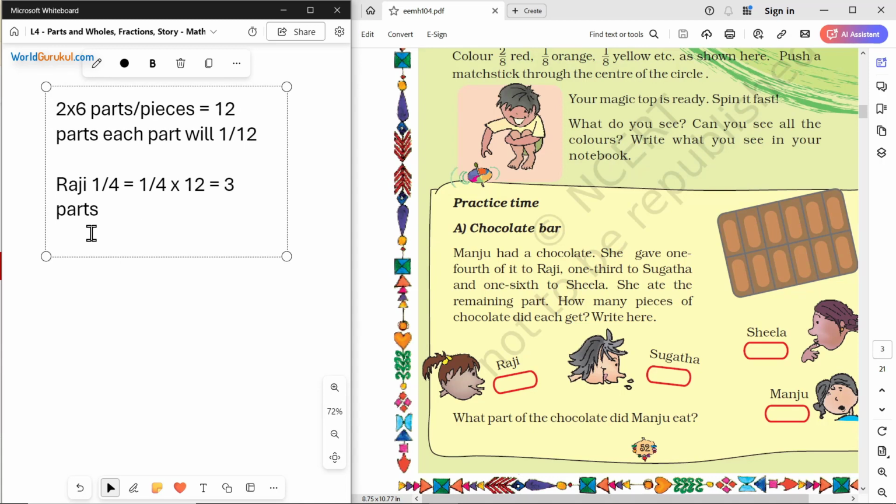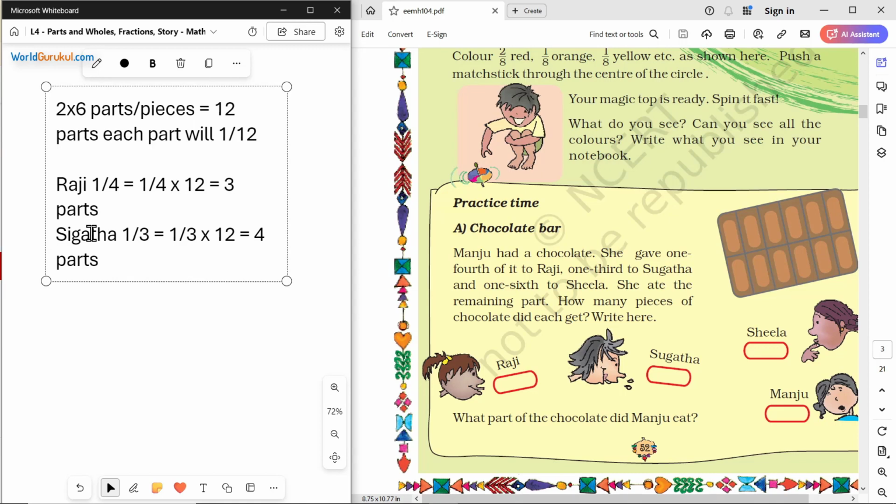Okay, and 1/3 is given to Sujata. So 1/3 of 12 is 1 by 3 multiplied by 12, which is 4 parts or 4 pieces.